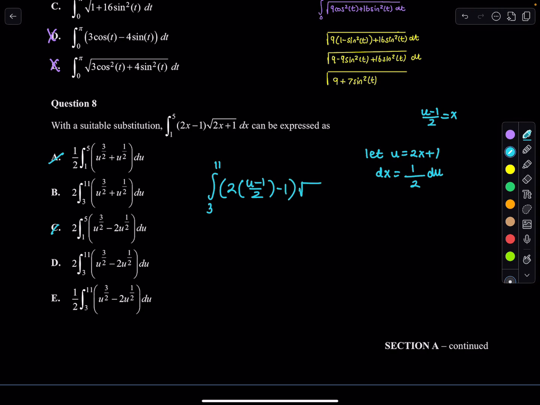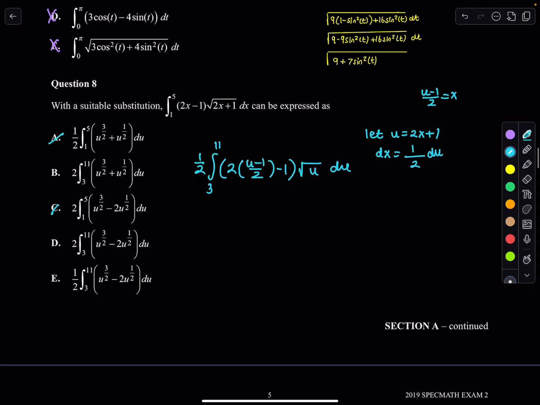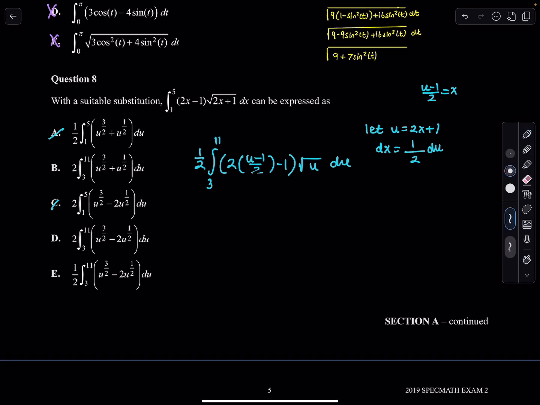And then the square root of, you remember 2x plus 1 is u. And then what's my dx? Substituting it with that, put the half outside du. So you can see that these 2 and 2 will cancel out, and you get u minus 1, so this will be u minus 2, basically. U minus 2. And again, you can write it u to the power of half, that square root part.